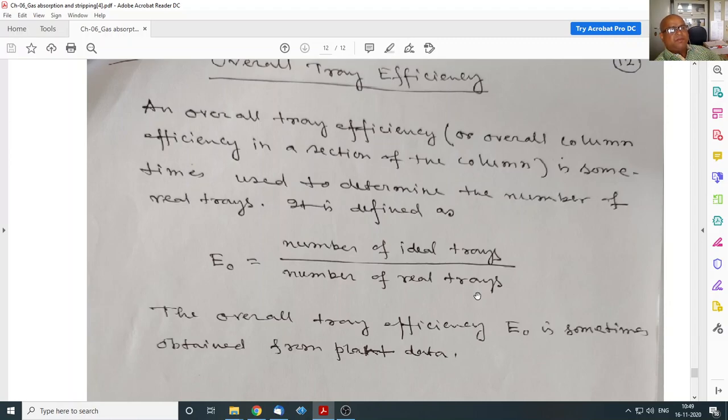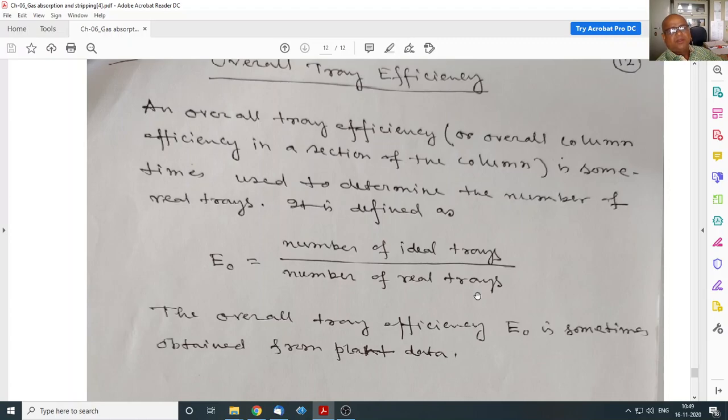People are doing all these things and have experience of the different tray efficiencies from their industrial knowledge, and they put typical values. As a chemical engineer, if you don't have the industry experience, you can calculate up to the ideal, but that data you have to take from industry, and generally it has been seen that 0.4 to 0.6 is the typical range of tray efficiency.